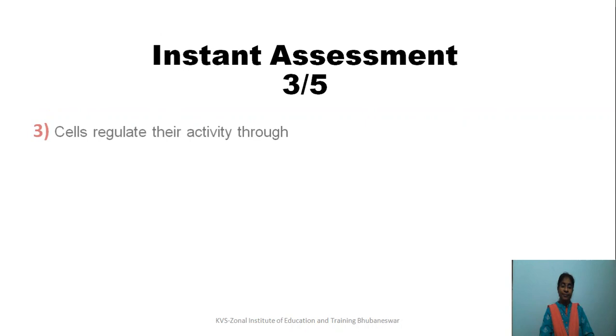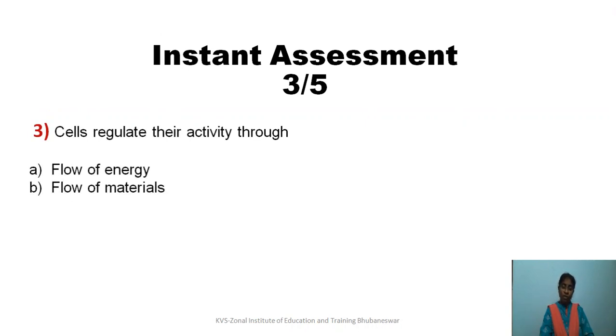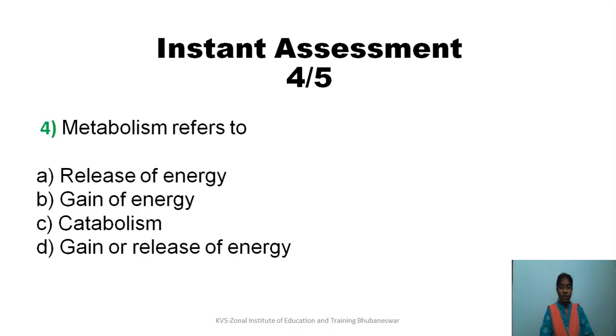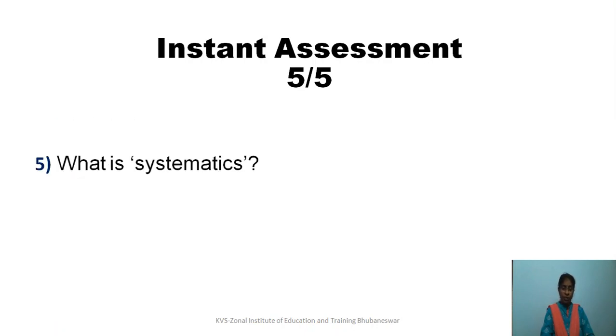Third one, cells regulate their activity through flow of energy, flow of materials, flow of information, and flow of smoke. Out of the 4 options, choose the correct one. Fourth question, metabolism refers to release of energy, gain of energy, metabolism, gain or release of energy. Out of the 4 options, choose the right one.